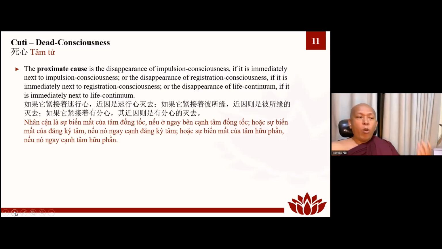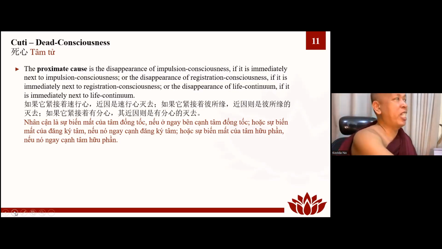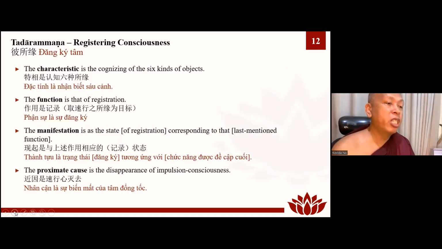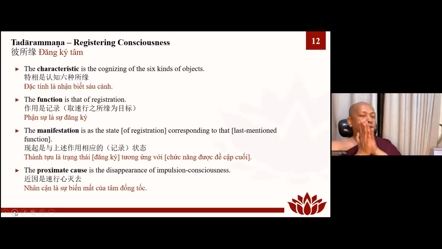Now here, one more function of residing consciousness is Tadalambana, registering consciousness in the mental process. The characteristic is cognizance of the six kinds of objects. You have already known the six kinds of objects, right? For example, with the eyes we can see shape and color. Similarly, with the ear we can hear, nose smell, tongue taste, body touch or tangible objects.